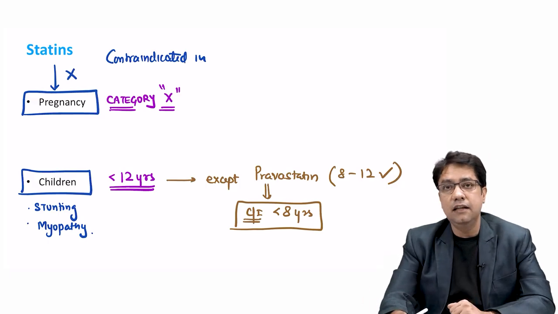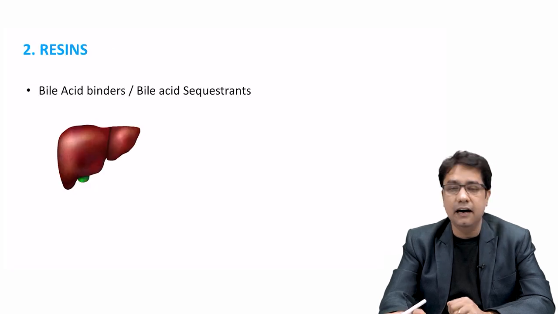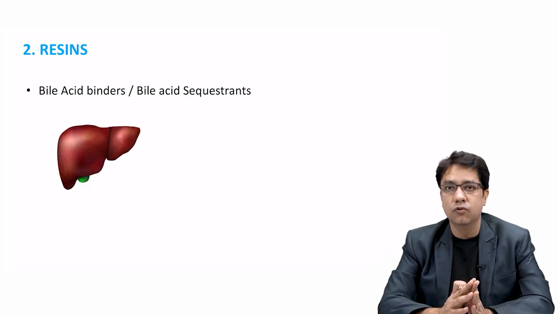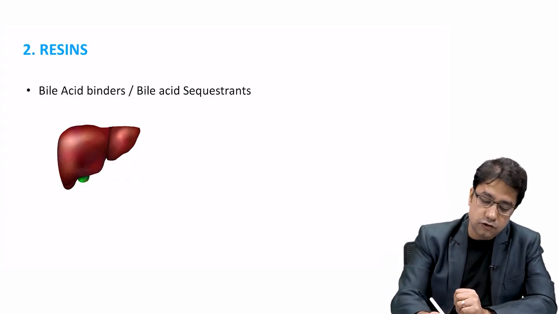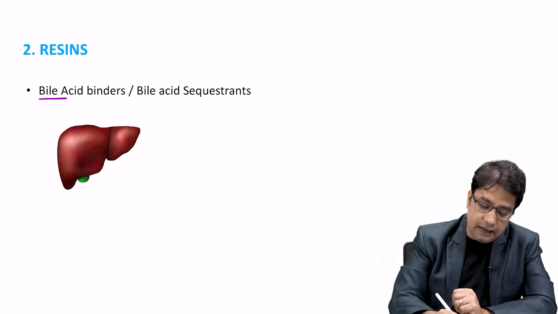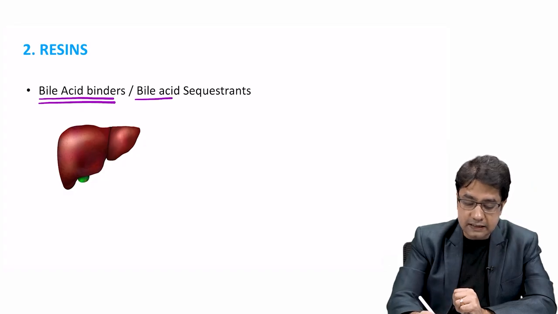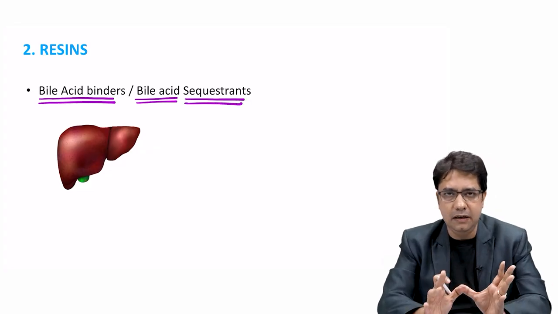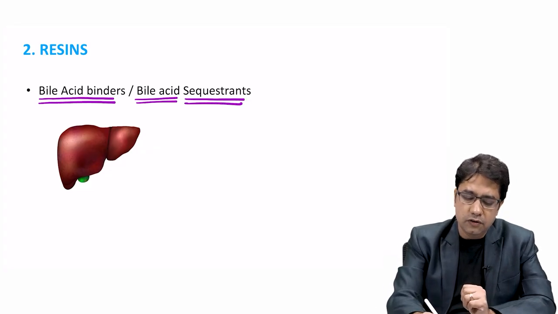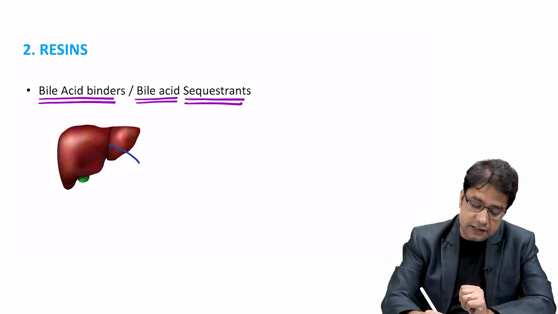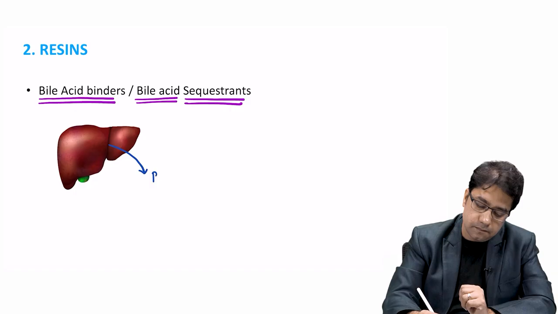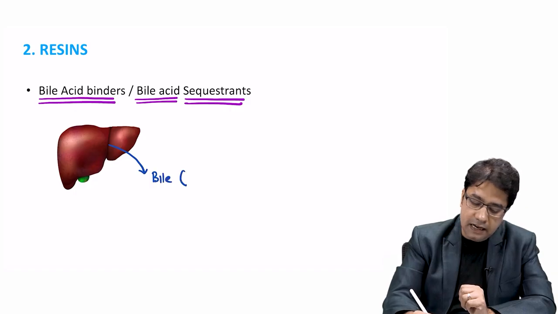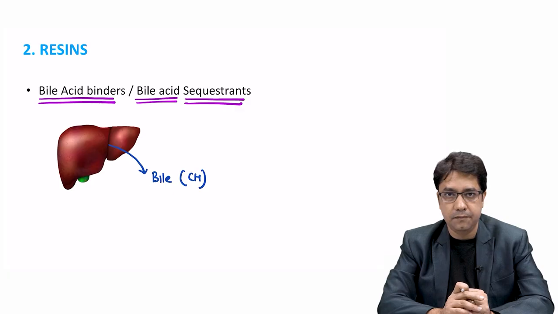Now after statin, let's talk about the second hypolipidemic drug. They are known as resins. Now resins are also known as bile acid binders. It is also known as bile acid sequestrant. Now what does it mean? We all know that liver secretes bile and bile contains cholesterol.